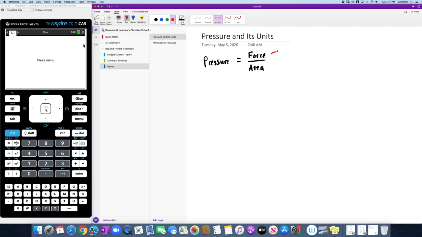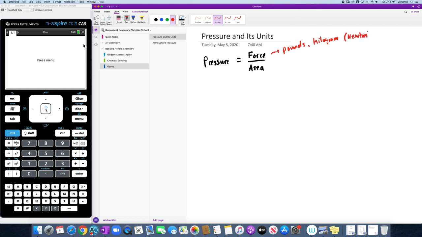Force is something kind of similar to weight. Technically, it's a little different, but practically speaking, it's the same thing. So units for force would be pounds, kilograms, for instance. But technically, it's how these masses are accelerating, and so the SI unit for force is something called a Newton.